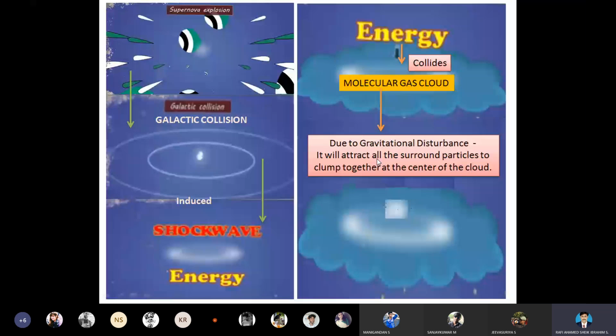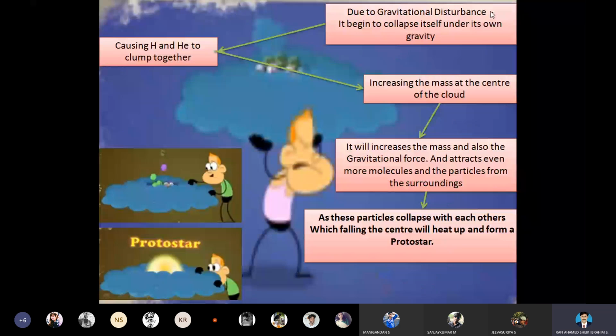It will capture all the other particles in the surrounding due to its gravitational disturbance. It begins to collapse under its own gravity. This collapse causes hydrogen and helium to clump together.